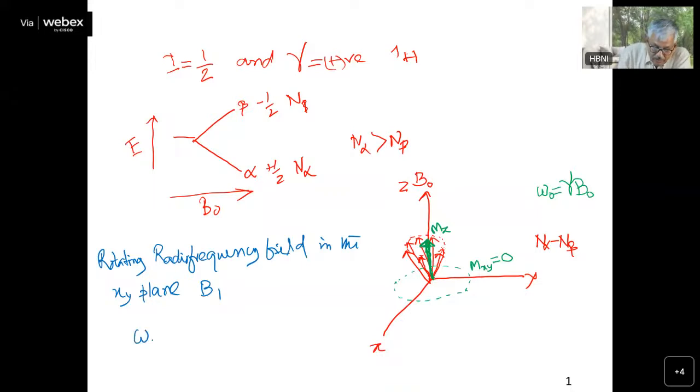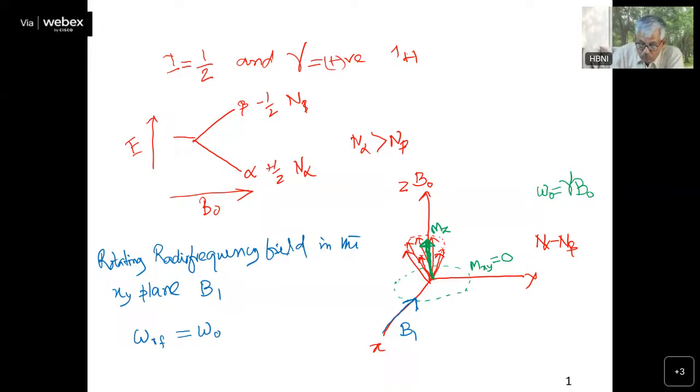So when there is resonance, this radio frequency omega RF will be equal to omega 0. Under that condition, if you apply the radio frequency field, let us say along the x-axis, the B1 field with frequency omega RF, and it matches the precessional frequency of these nuclei, then all these spins will undergo phase coherence.